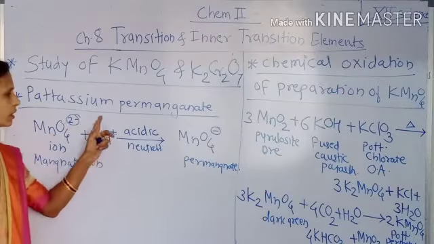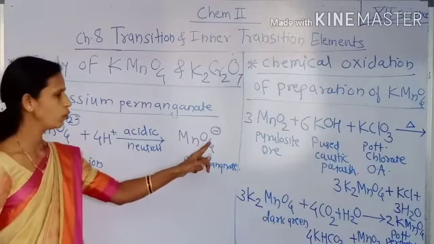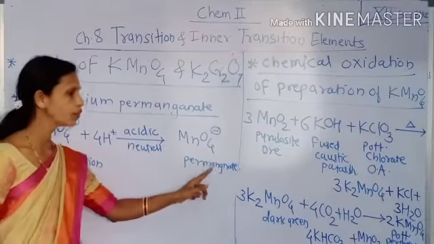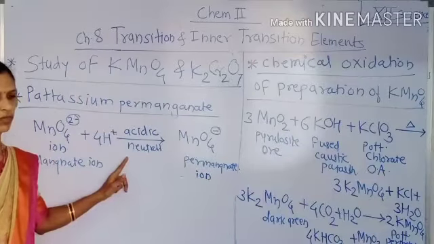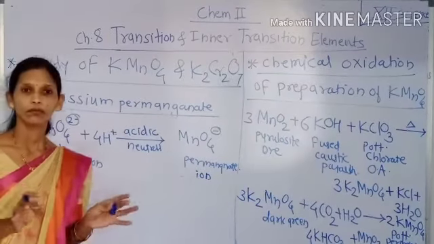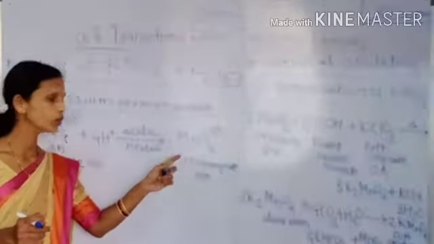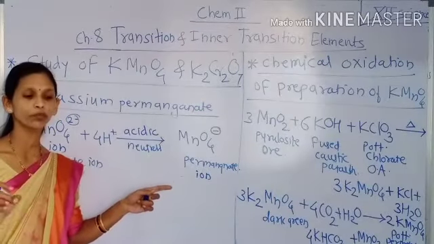MnO4 2- ion is converted into MnO4- permanganate ion in acidic as well as neutral medium. That is about the preparation of KMnO4, which takes place by an oxidation process.